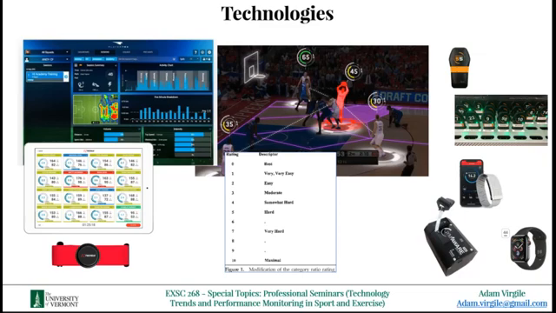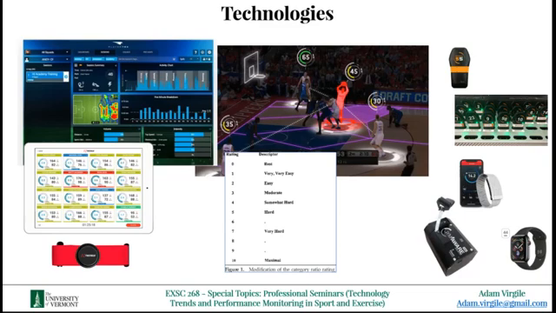And there are a bunch of things in between, such as linear position transducers, which measure how fast something is moving. There are also accelerometers and GPS units, which are similar in that they can measure how fast you're moving and where you're moving and number of accelerations, decelerations, things like that. There are heart rate monitors and wristwatches and various other things.